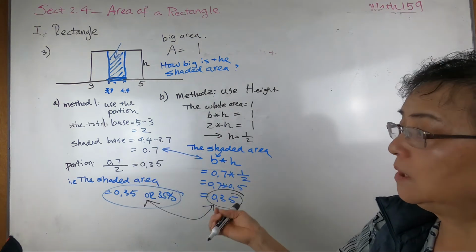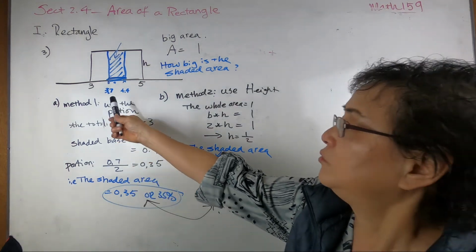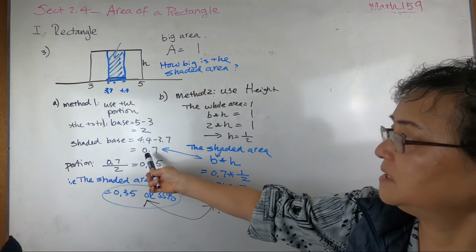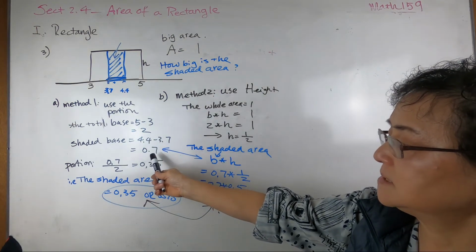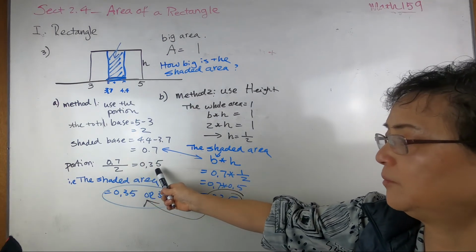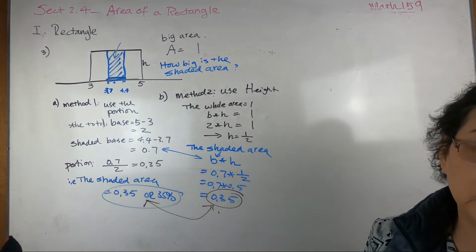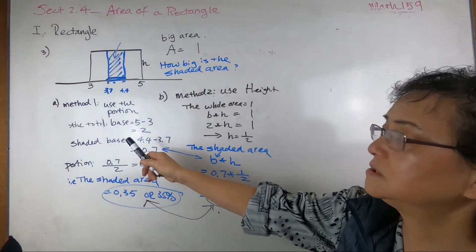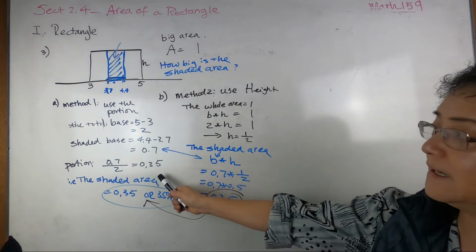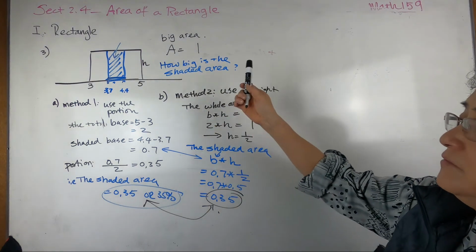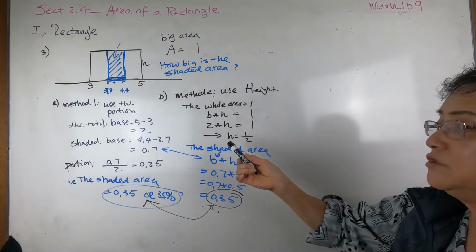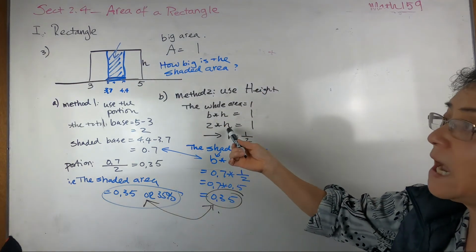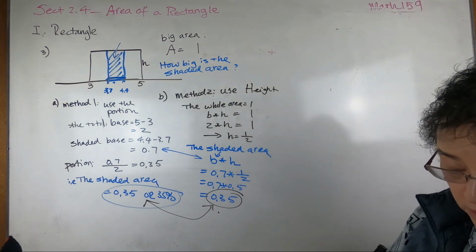The whole thing is 2, the shaded area base is 0.7, so it occupies 0.35, 35% of the whole thing. You can just do that directly to find the answer. But if the homework asks you about a height, then you have to do it this way.